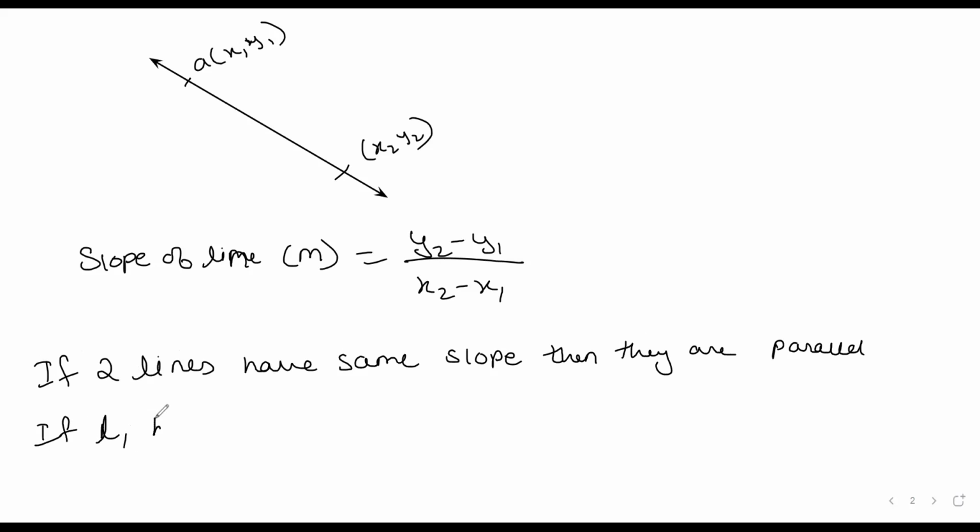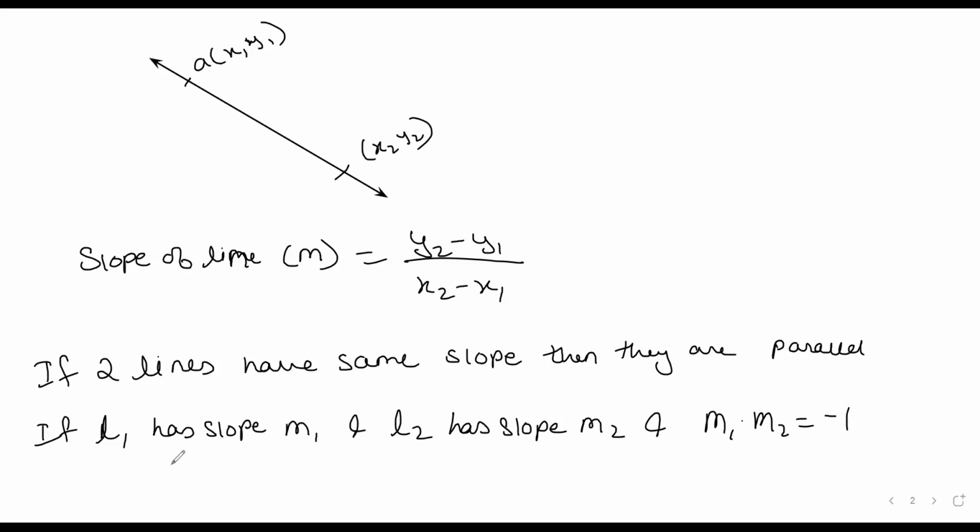If line L1 has slope M1 and L2 has slope M2 and M1 into M2 is minus 1, that is the product of the slope is minus 1, then L1 is perpendicular to L2. So parallel lines have same slope. Perpendicular lines, the product of the slope is minus 1. So we can say the lines have slopes which are negative reciprocal of each other.